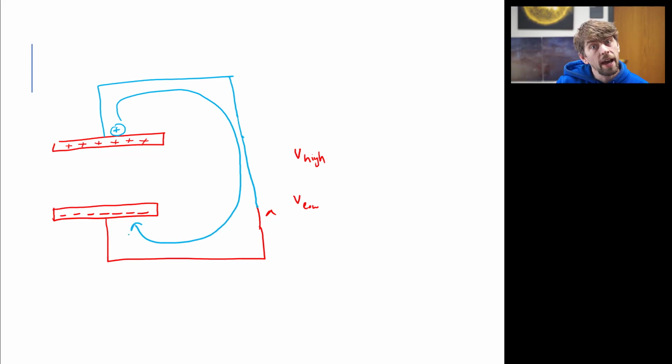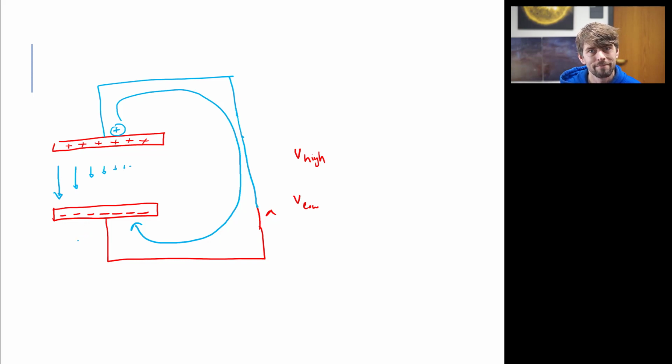And of course, as each positive charge flows around to combine with the negative charge, the electric field, which starts out strong, slowly decreases in its value until it disappears, as more and more of those charges move around the circuit and recombine with the bottom plate.